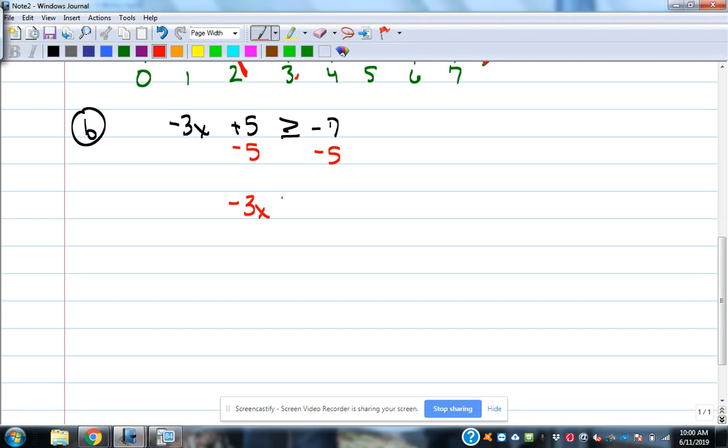Negative 3x is greater than or equal to negative 12. And then I would divide by negative 3. I divided by a negative, so I've got to flip this symbol around to be x is less than or equal to. And then negative 12 divided by negative 3 would be positive 4.